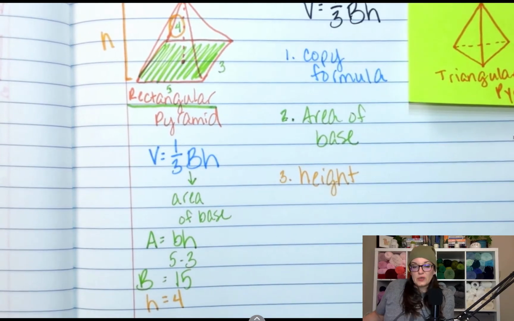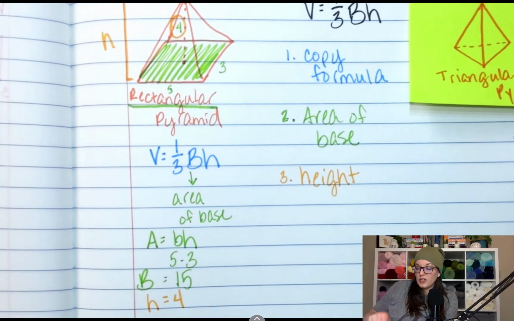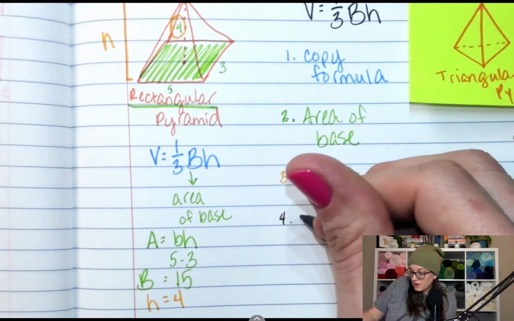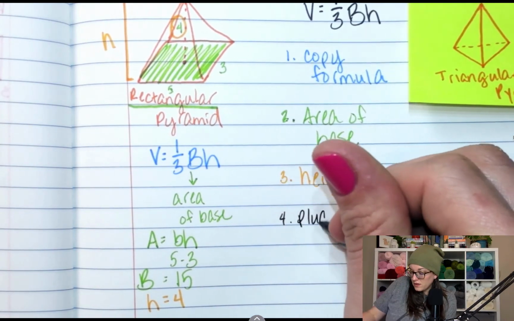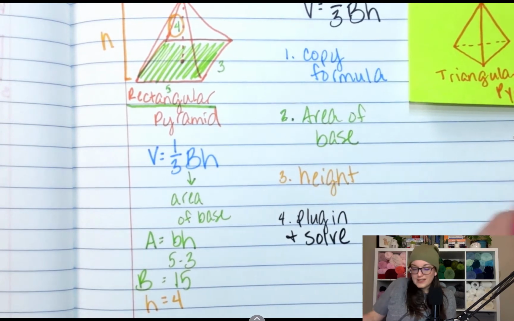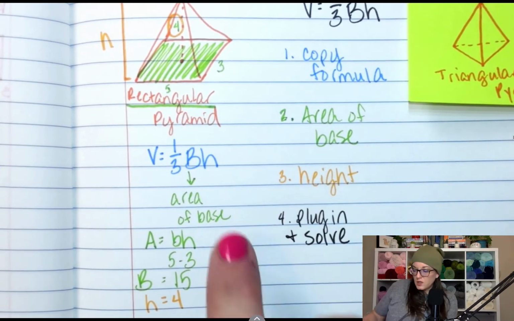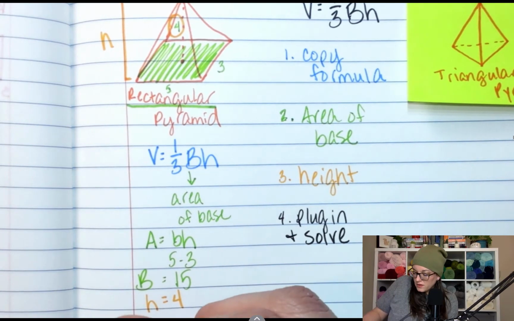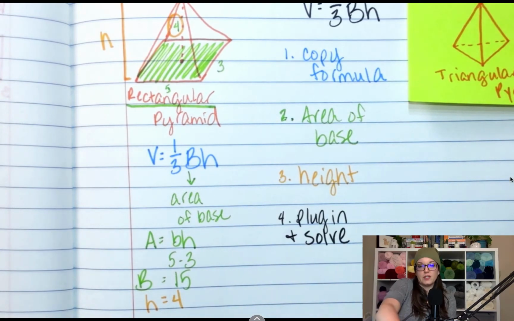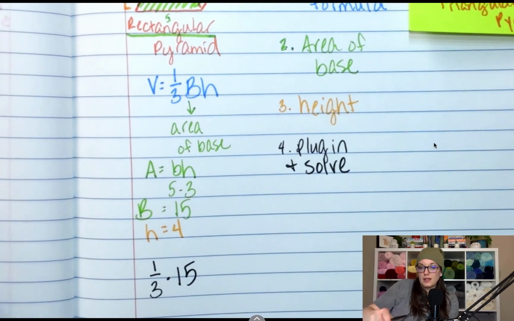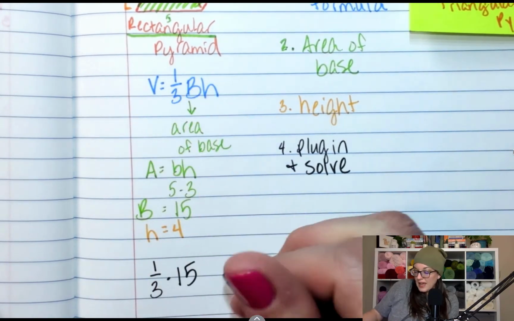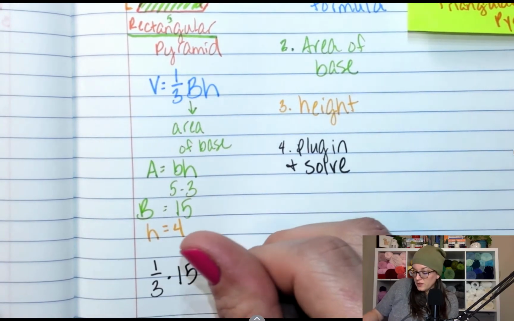Now that I know capital B and I know H, I'm going to plug them into my formula. So step 4, plug in and solve. I've got 1/3, capital B is 15 from right here, and then H is 4.